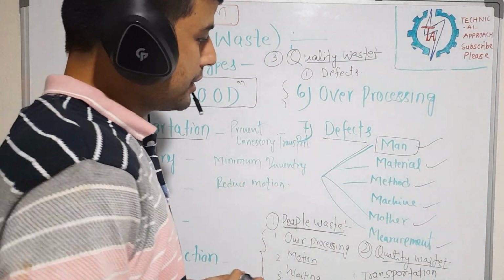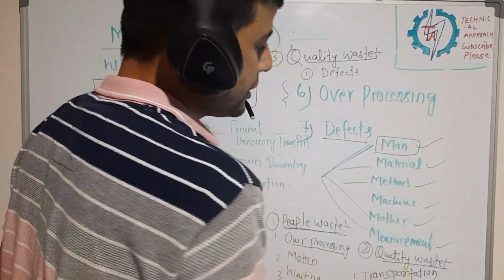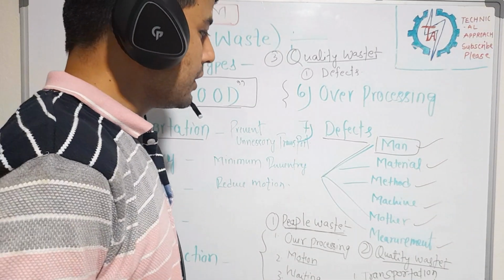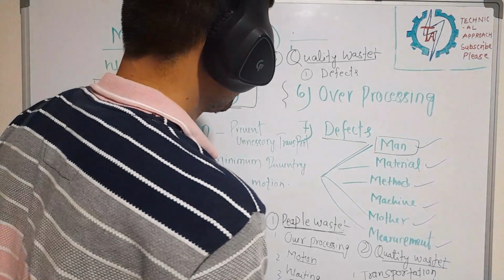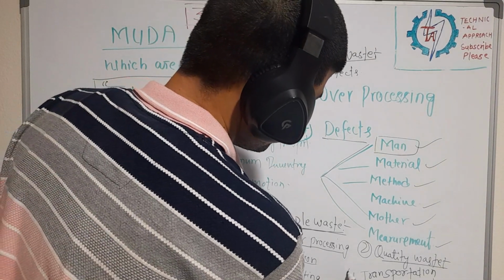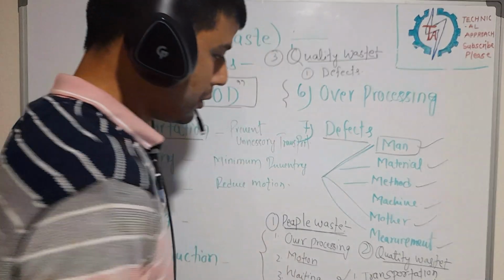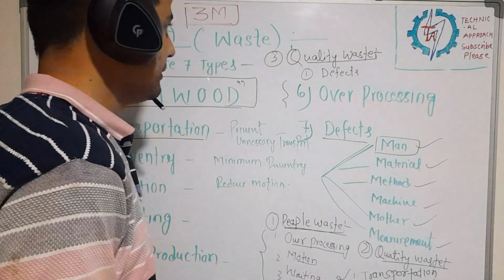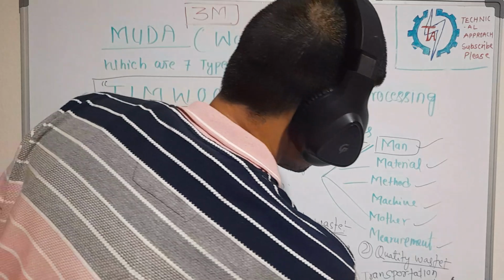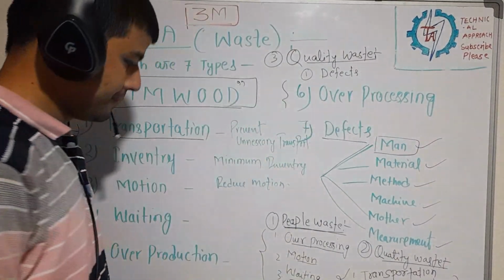The second is quantity waste. This is transportation, overproduction and inventory. It includes all 3 wastes.